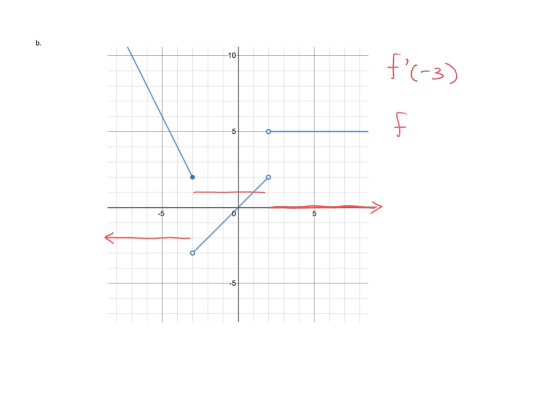What about the derivative at 2? These both do not exist. The reason is we get different derivatives on the left and the right. Therefore, we can't define it at either of those places. I'll indicate that with an open circle here and here, as well as here and here. So this is my derivative.